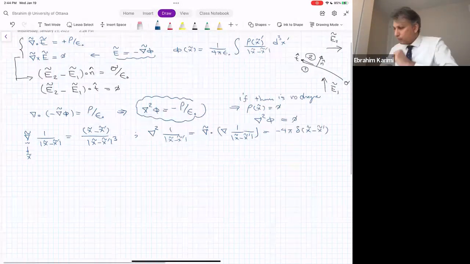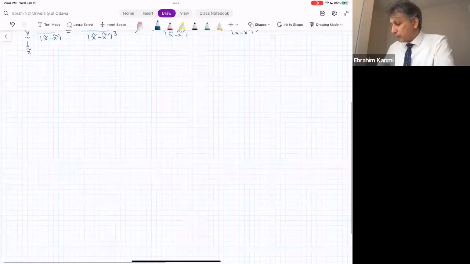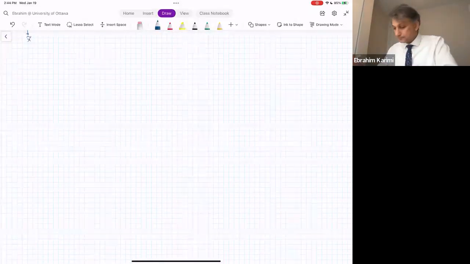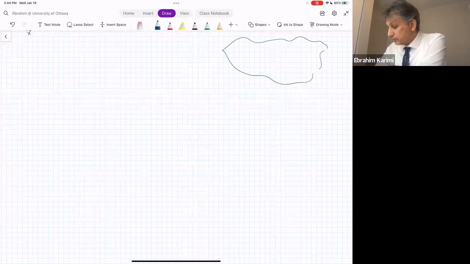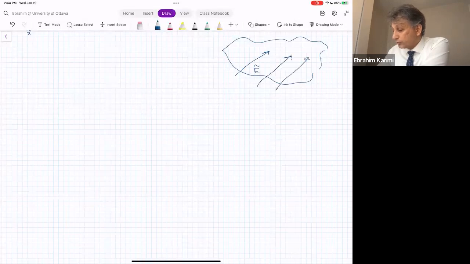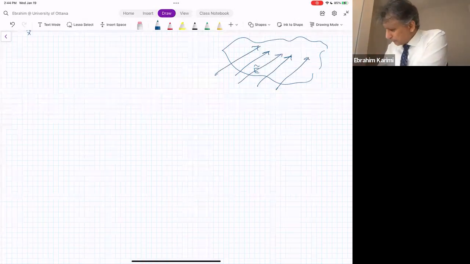Good. Now, assume that we are in a region in space, and in this region we have an electric field. This electric field, as we discussed, is not a function of time, it is only a function of position, because we assume electrostatics.